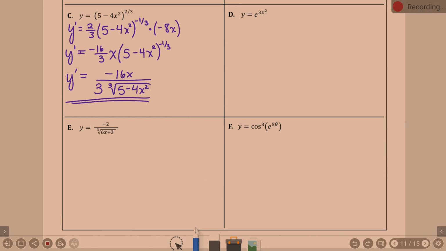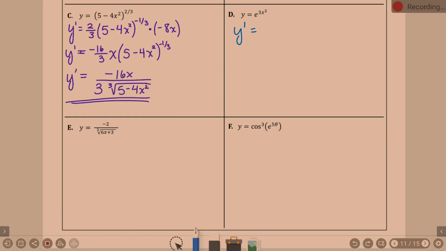D. Y equals e to the 3x squared. So y prime equals, so it would be 3e. No. Sure.